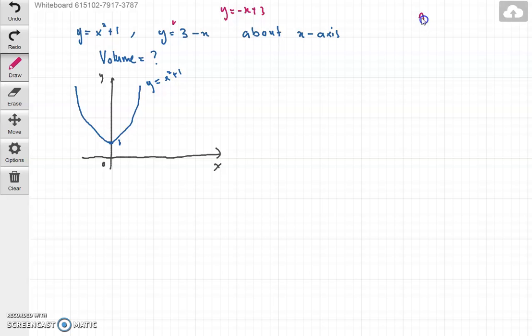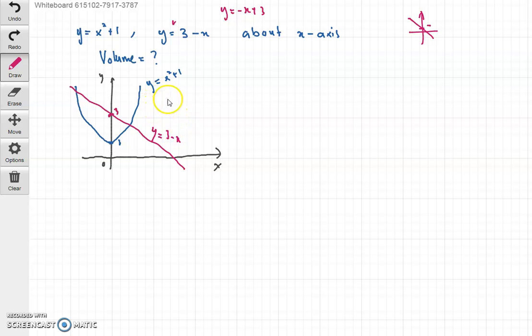So it is supposed to be something like this. Because this is 1, 3 will be somewhere here. So let me try to draw a straight line, intercept at positive 3 there. So this is what we call y equals 3 minus x.